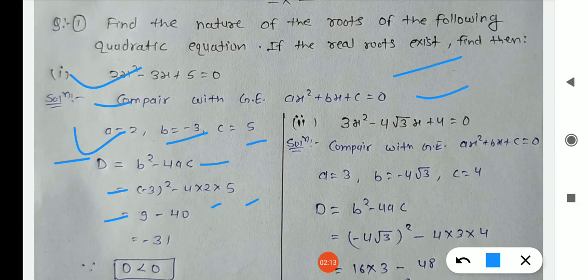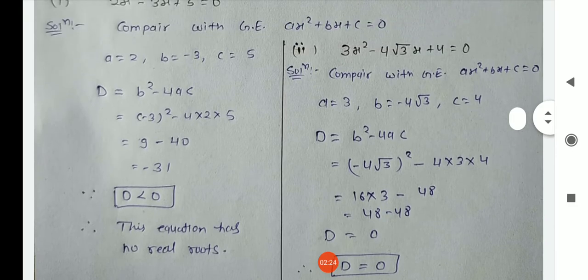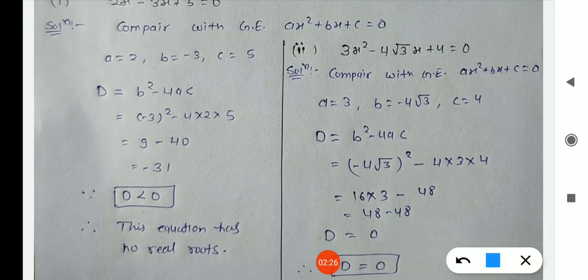Minus 3 square is 9 and 4 into 2 into 5 is 40. So we get minus 31, which means D is less than 0. This equation has no real roots.